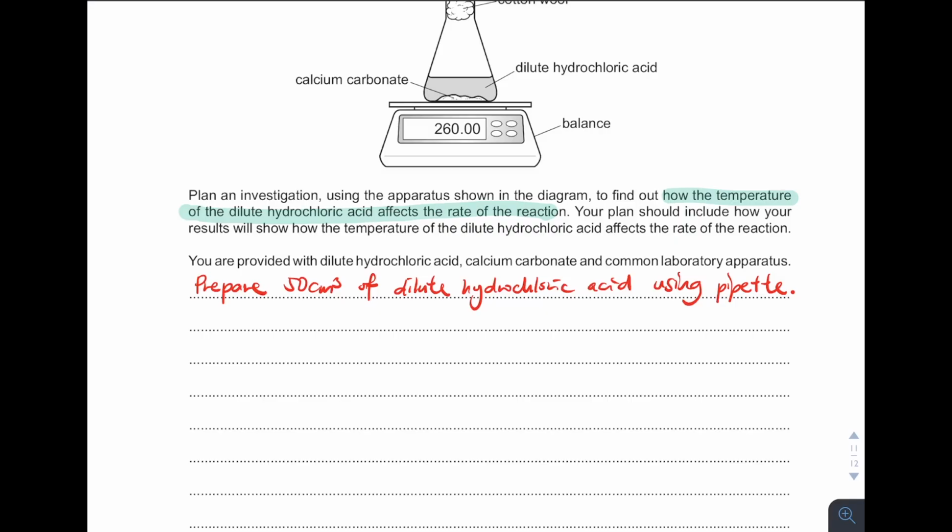And then next, prepare calcium carbonate, a constant variable, for example 10 grams of calcium carbonate using a measuring balance. So this is the initial mass, 10 grams of calcium carbonate. After that, we have to add both together for the reaction to take place.